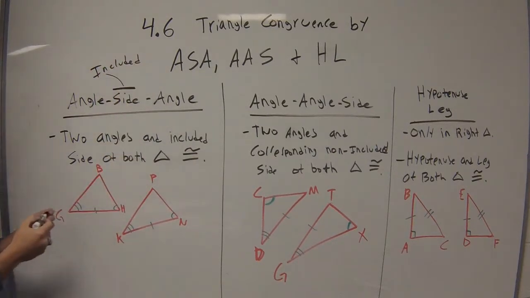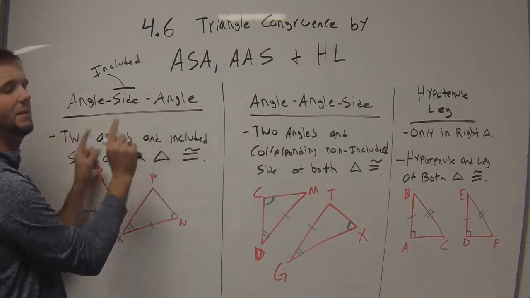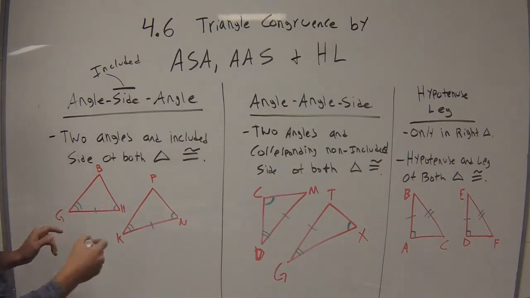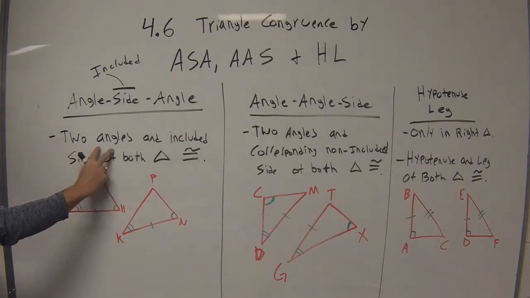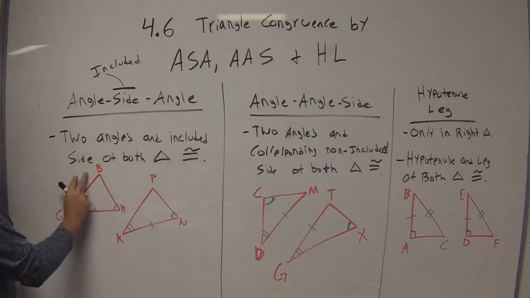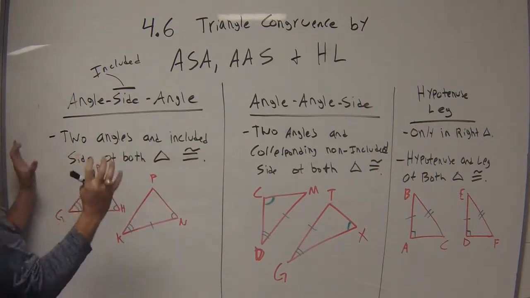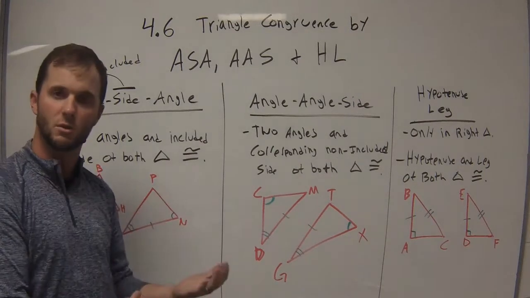That means the congruent side has to be in between the two congruent angles in order for this one to work. Angle, side, angle has two angles and an included side of both triangles that are congruent. And if this happens, then both triangles are going to be congruent to each other.